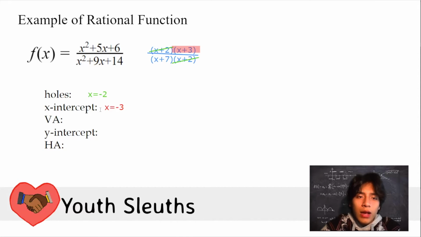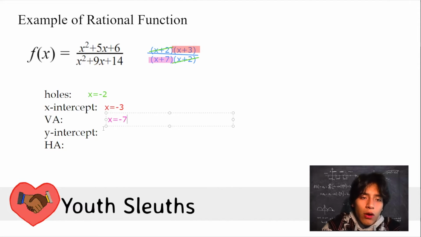Then for our vertical asymptote, our vertical asymptotes are our factors that are left from the bottom. So what we have in the bottom is x plus 7. And so our vertical asymptote will be x equals -7.